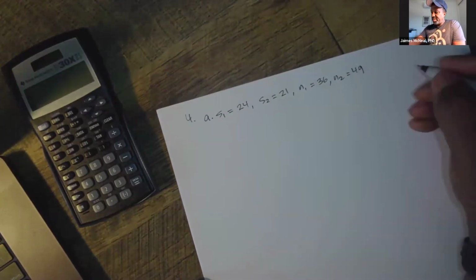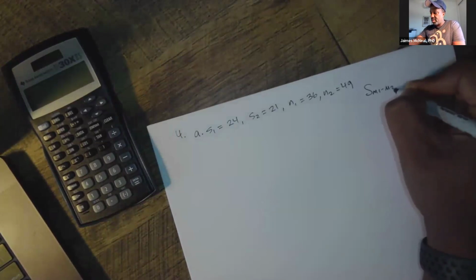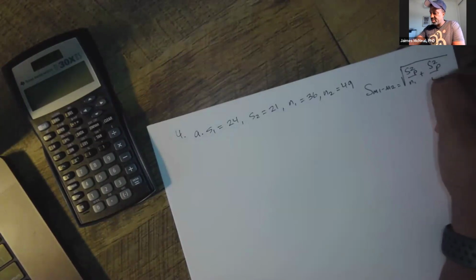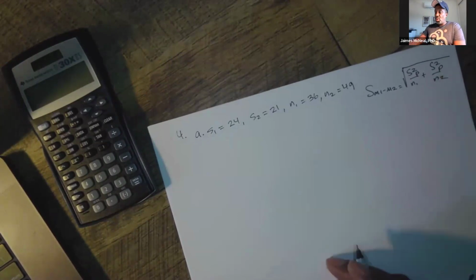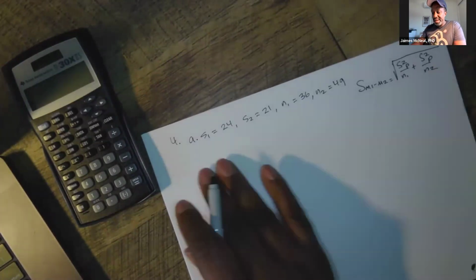So let me remind you of the standard error formula. Standard error is the square root of the pooled variance divided by n1 plus the pooled variance divided by n2. All right. Which reminds us that we need the pooled variance. We don't have variances.